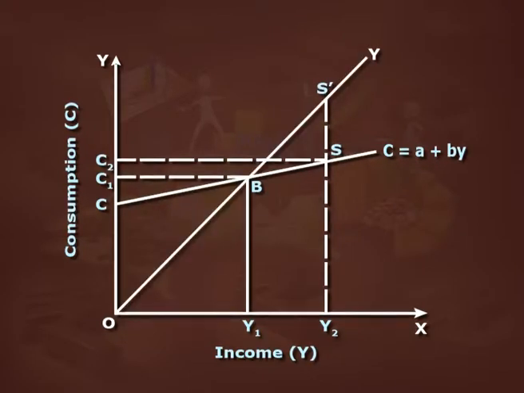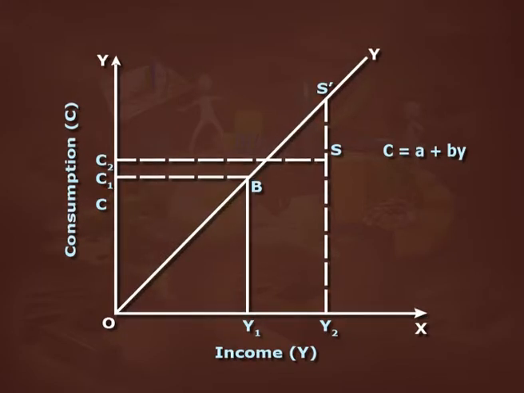In this figure, a line OY with the x-axis has been drawn. Because line OY makes a 45-degree angle with the x-axis, every point on it is equidistant from both the x-axis and the y-axis and depicts the income line. The CC curve represents the consumption schedule.